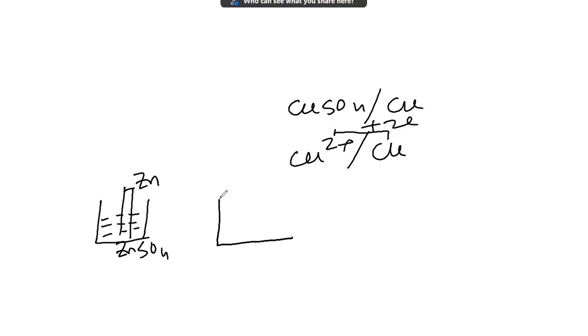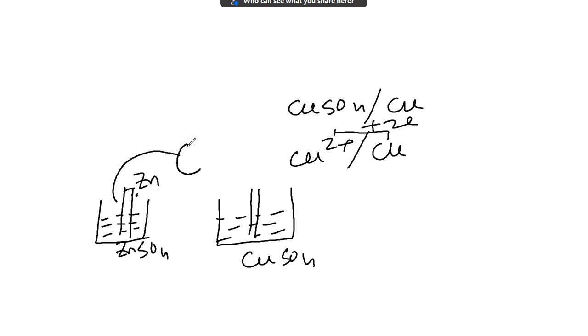Then we have a copper sulfate solution where copper metal is dipped. When a metal is dipped into its solution, a potential is developed, known as the single electrode potential. When these two are connected, the galvanometer gets deflected. That means chemical energy is converted to electrical energy. This is negative, this is positive.